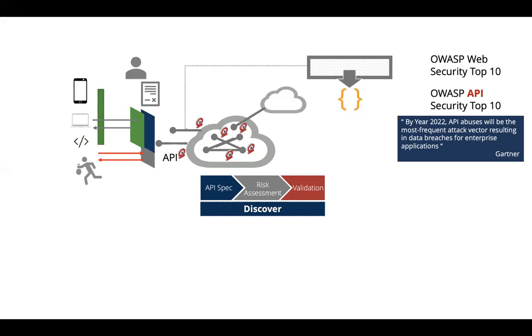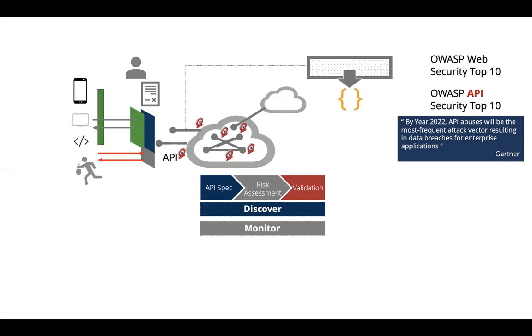The discovered API profile, as we call it collectively, with the data labeling and with the API specification, can then be used to automatically generate a set of policies for the sensors to continue to monitor the APIs at runtime.